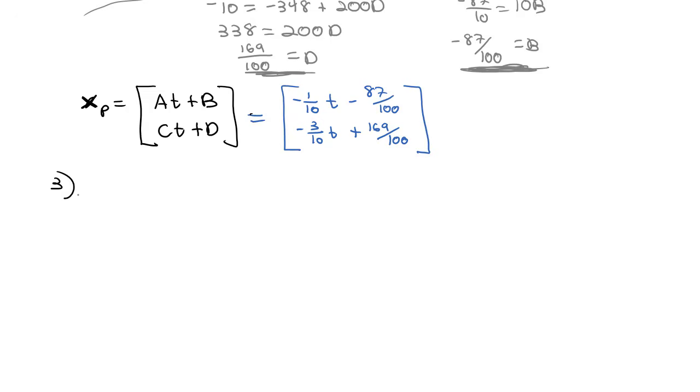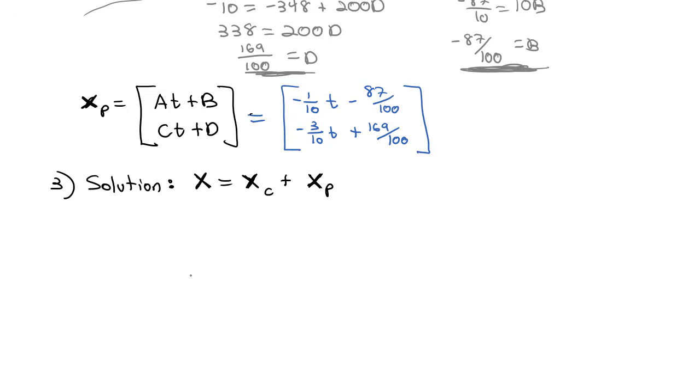And now that we have x particular and x complement, we know the solution is the x vector is equal to x complement vector plus x particular vector.